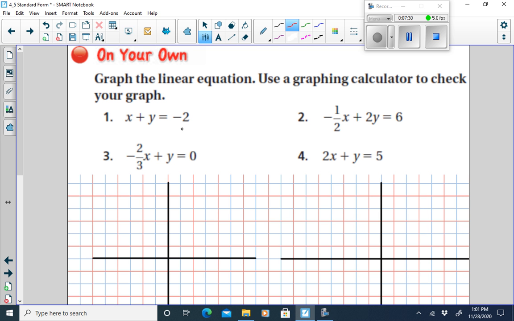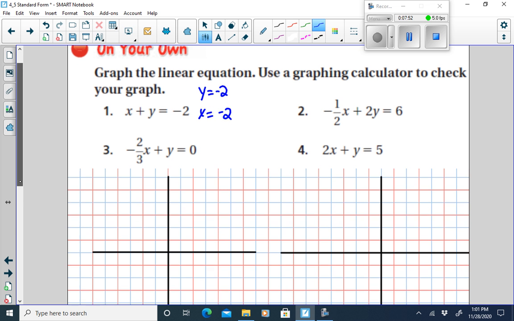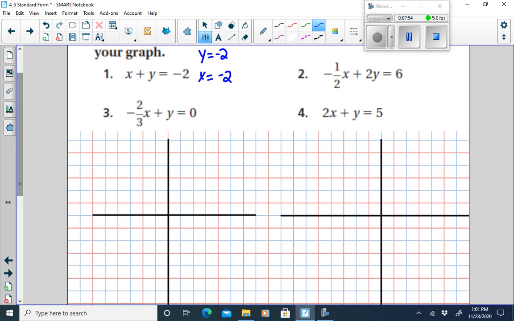So let's look at these equations here. Now usually, like this one we could do mentally. Because if we replace x with 0, y is -2. If we replace y with 0, we get x is equal to -2. So look how easy that graph is going to be. We know we are going to have a point where y is -2.